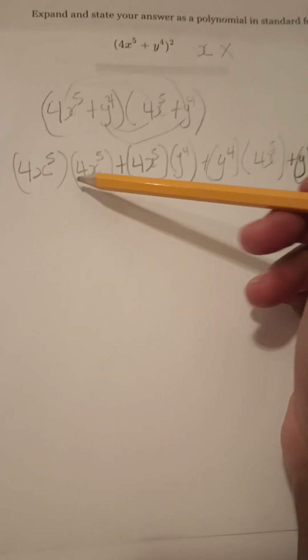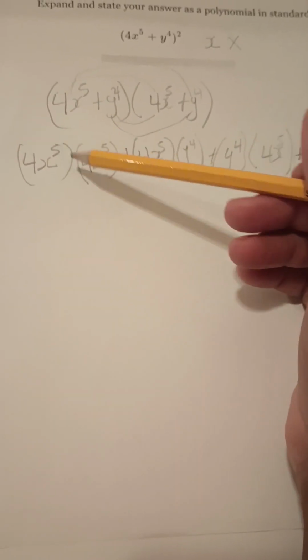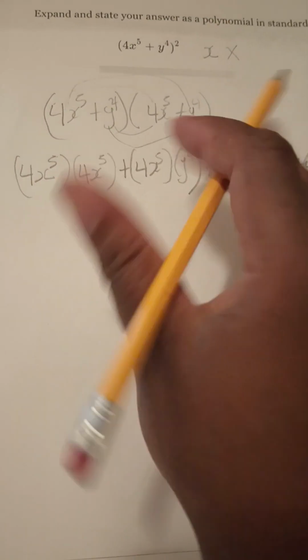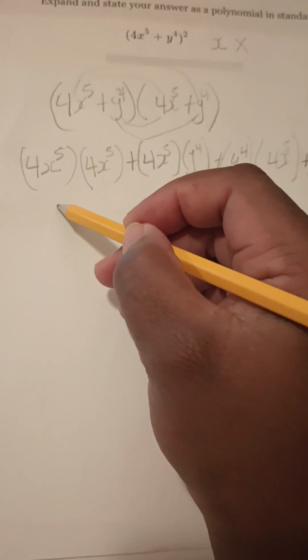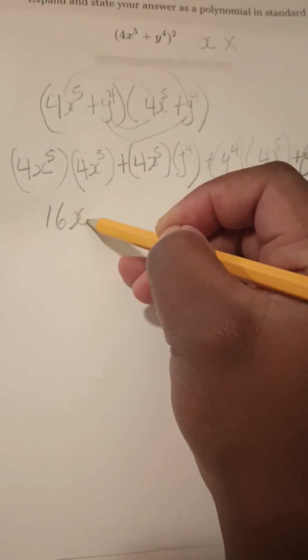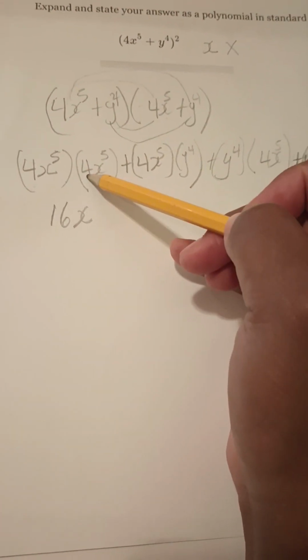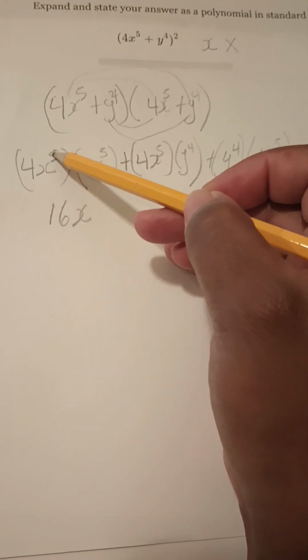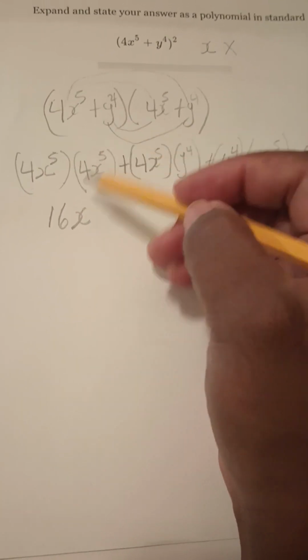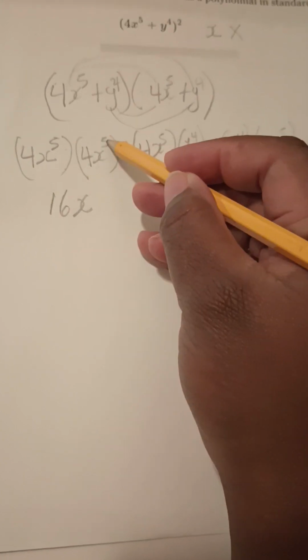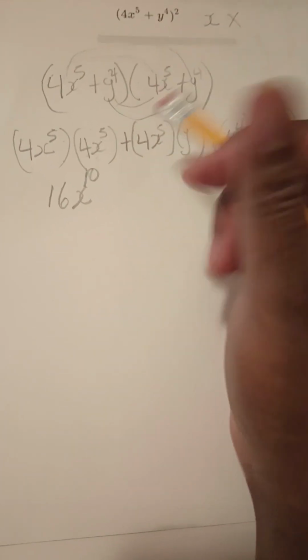So we're going to put it all together. When I multiply 4x^5 times 4x^5, I'm going to be left with 4 times 4 is 16x. And because we're multiplying and we have the same base, we're going to add the exponents. So that's 16x to the 5 plus 5, which is 10.